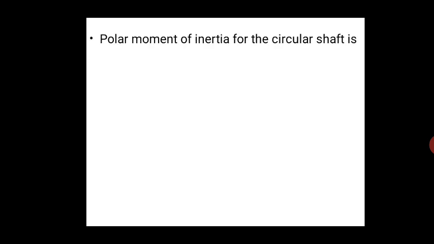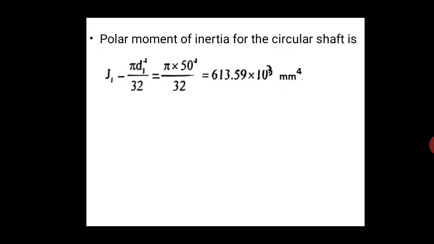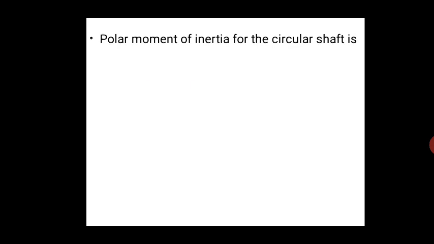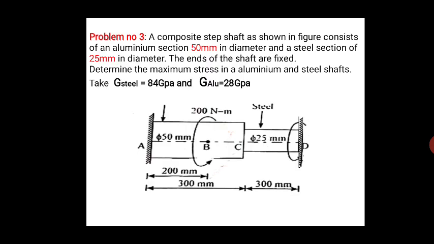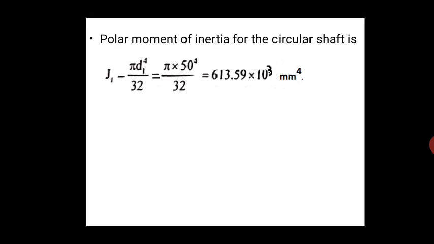By considering the data he has given, we can write the polar moment of inertia for the shaft, that is for the first shaft, the aluminium shaft. For the diameter of 50 mm, we can write the polar moment of inertia as J1 equal to pi d1 to the power of 4 divided by 32, that is pi into 50 to the power of 4 divided by 32, which is equal to 613.59 into 10 raised to 3 mm to the power of 4.